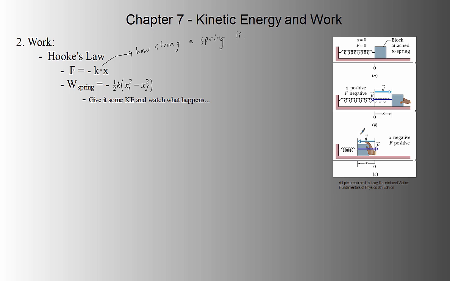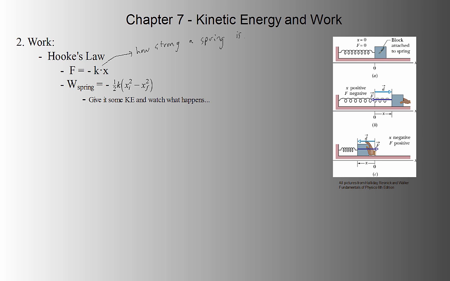And so what you could do, just like we did with the apple for gravity, is give it some kinetic energy and watch what happens. Let's do the compression. The block starts here.